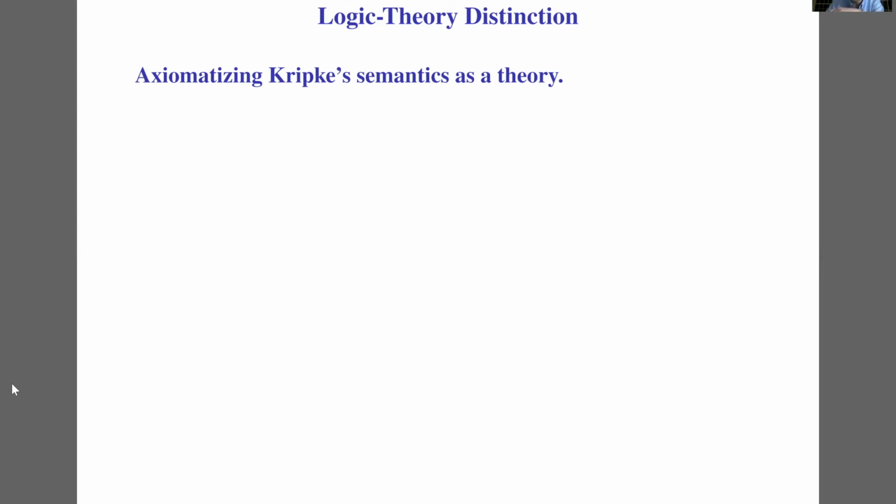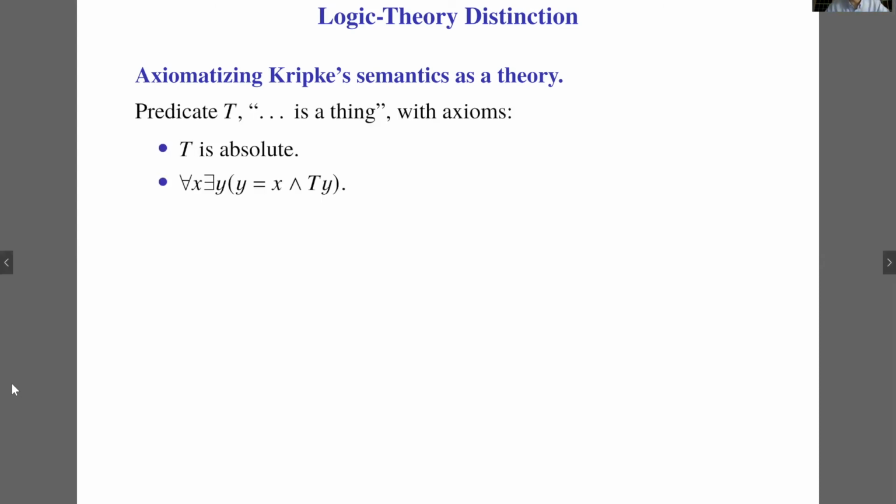So using this logic, we can axiomatize Kripke's semantics as a theory on top of the intensional logic. The detail is like this. We are going to throw in an absolute property, a thing, using axioms like, okay, thing is absolute.